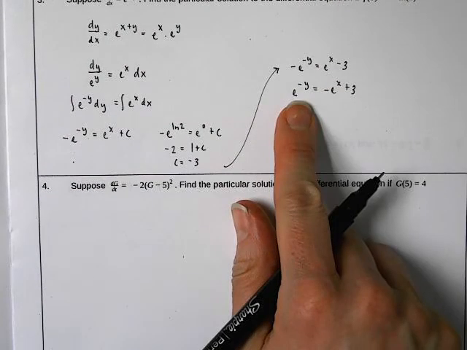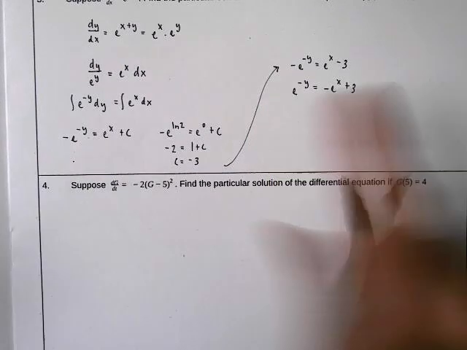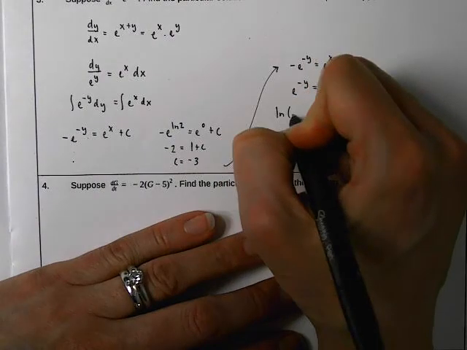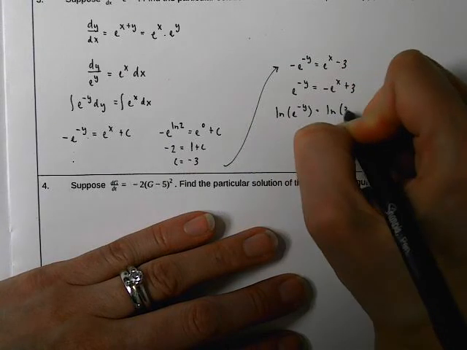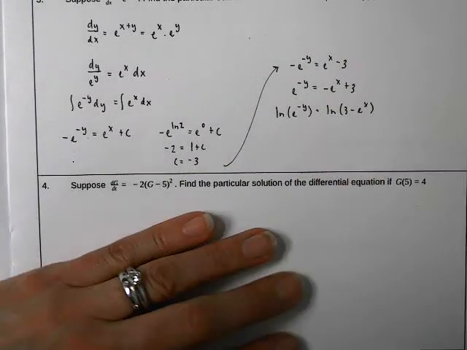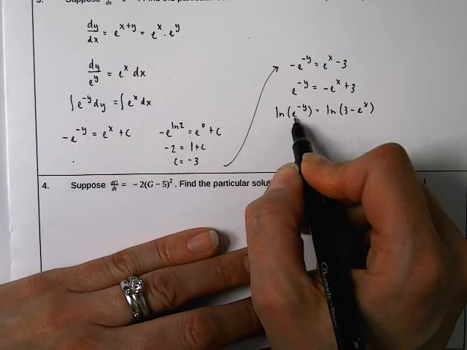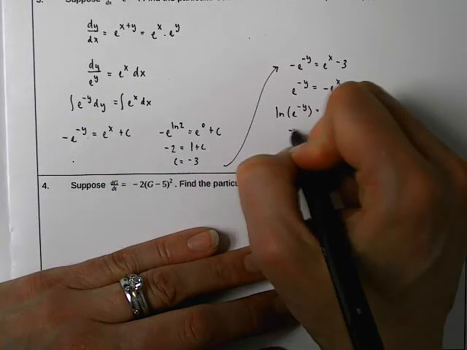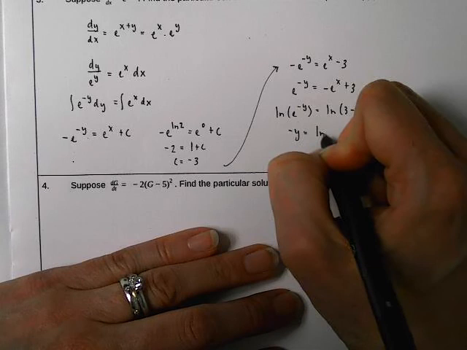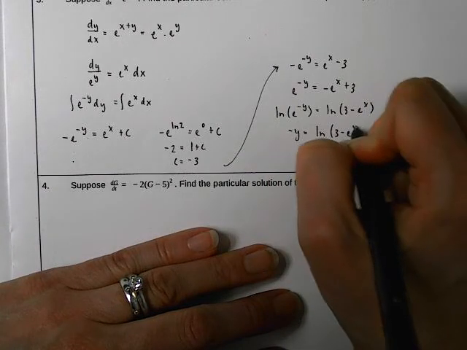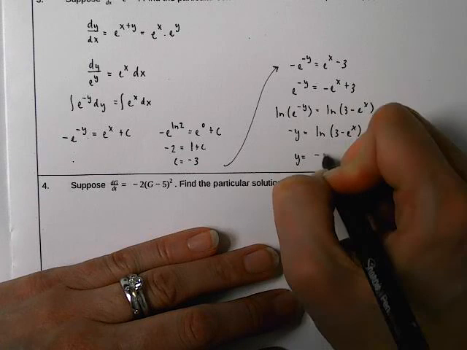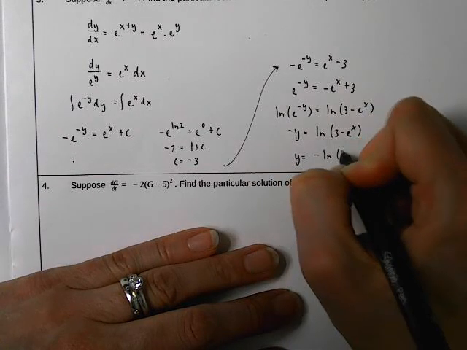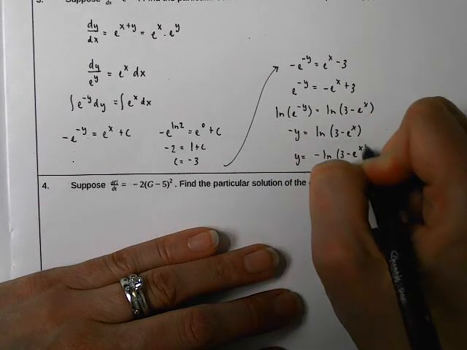To get this negative y out of the exponent, I'm going to take the natural log of both sides. I'm just going to write this as 3 minus e to the x. Now the natural log of e to the negative y is just negative y. This side is going to stay the same. And then dividing by negative 1, I get y is equal to the opposite natural log of 3 minus e to the x.